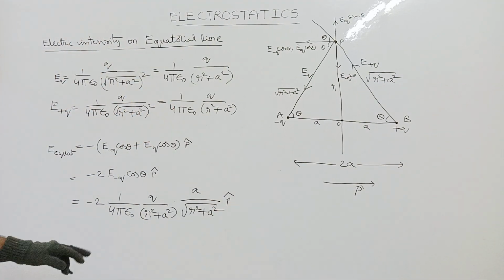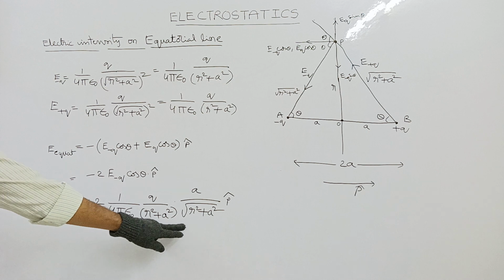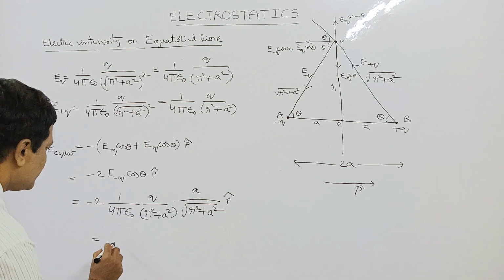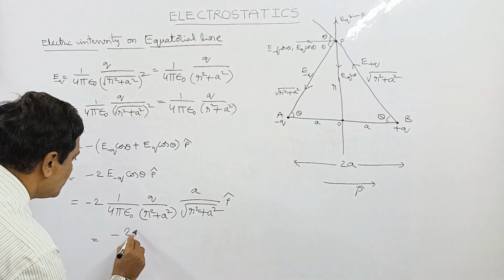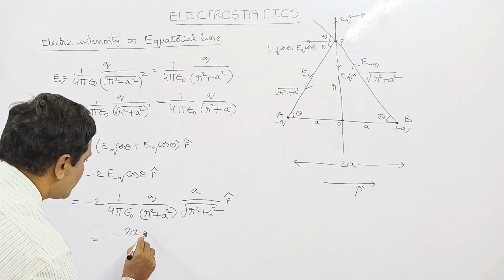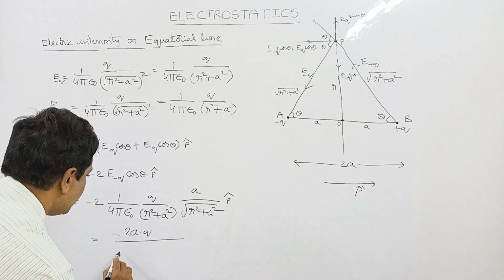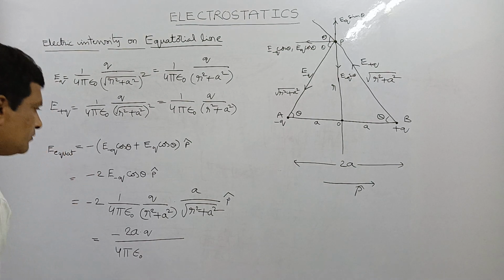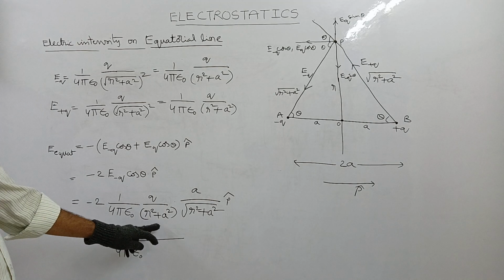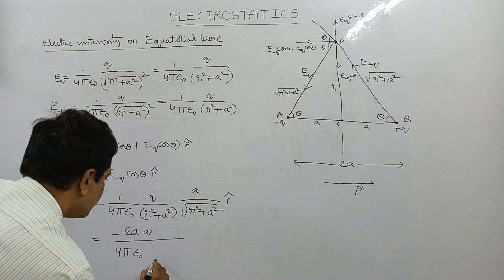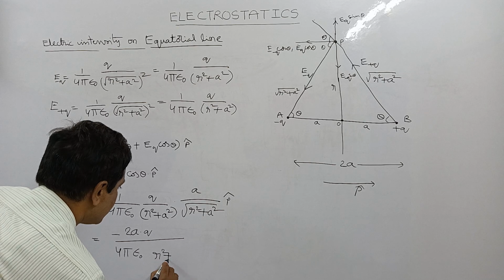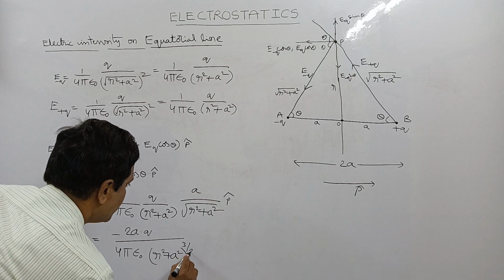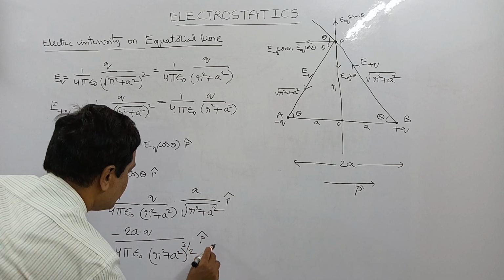So here, if you observe this one and simplify to the next level, this becomes minus 2A into Q by 4 pi epsilon naught into, see, this will become R square plus A square whole power 3 by 2 P cap.